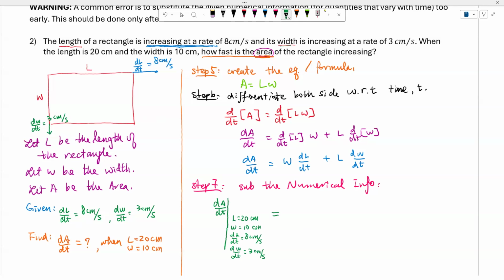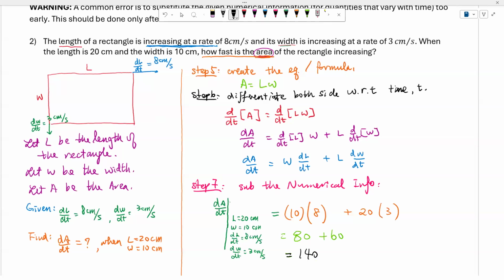Let's plug it in. W is 10 multiplied by dL/dt is 8, plus L is 20 multiplied by dW/dt is 3. Of course, I will have 80 plus 60. The answer is 140.